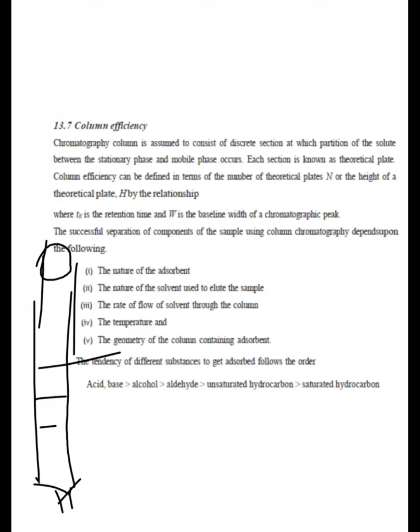The successful separation of components of the sample using column chromatography depends first on the nature of the adsorbent, which is nothing but the stationary phase, such as silica gel or alumina. Different adsorbents are used for the different samples we are separating. Second, it depends on the nature of the solvent used to elute the sample.